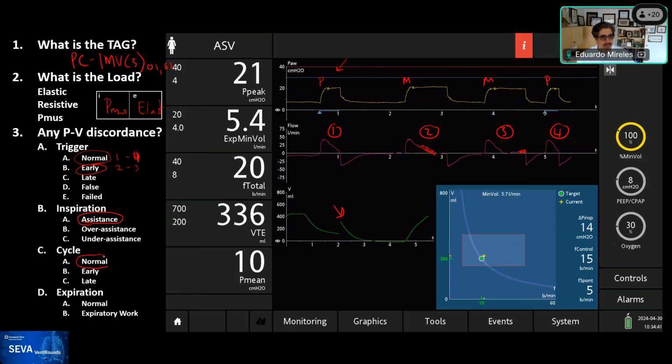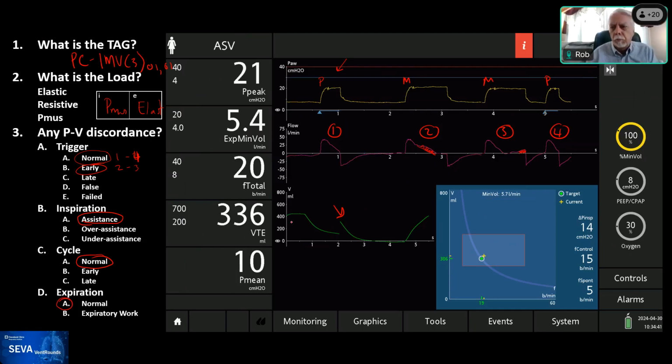I think that's normal in general. It's cycling. There's no evidence of late or early, no peak pressure, no pause here, no amputation of the flow. And then during expiration here, Zane, we're going to talk about that in a second, about the I time. And over here, you don't see much expiratory work. So I would call this normal. Rob? Looks good. All righty.